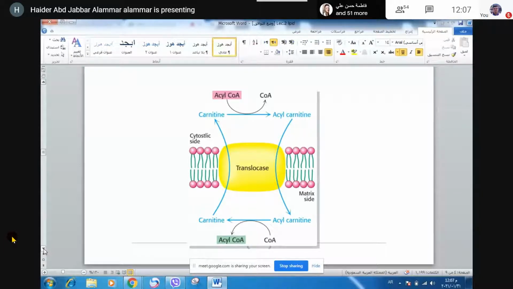The activated fatty acid binds with carnitine by the action of carnitine acyltransferase 1 and enters from the cytoplasm to the intermembrane space, then is handed to the translocase enzyme. This brings the activated fatty acid, in the form of acylcarnitine, to the inner mitochondrial membrane.